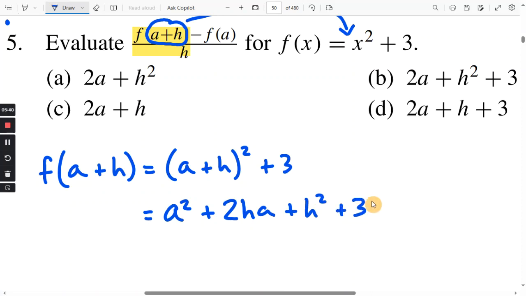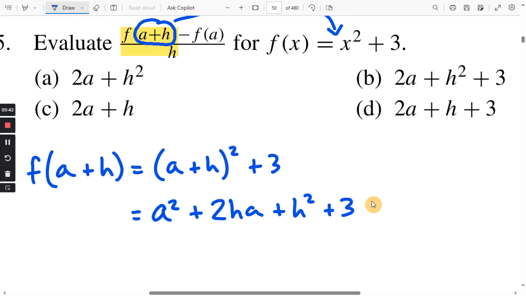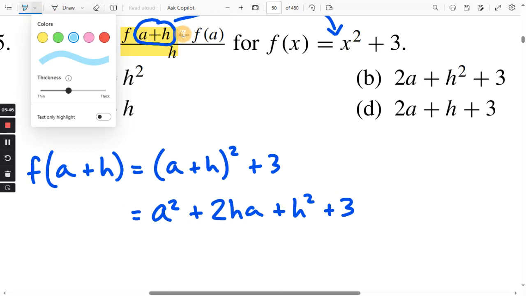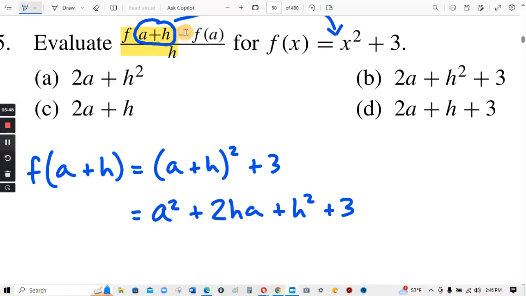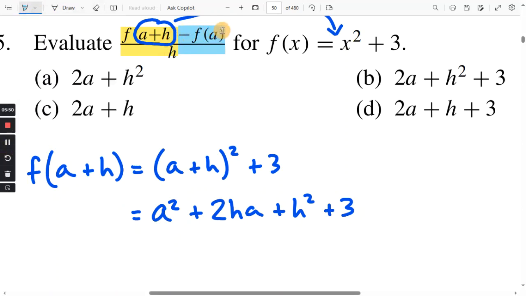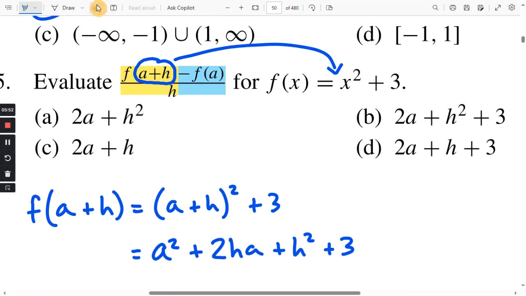All right. And now we're going to do this part here, minus f of a. Well, what do we do for minus f of a? That is easy. I'll do it in a different color. All you have to do is take a and plug it in for x. So that's your f of a part.